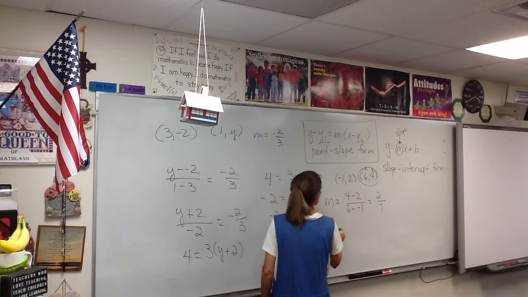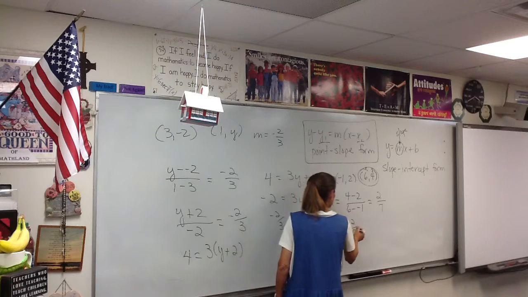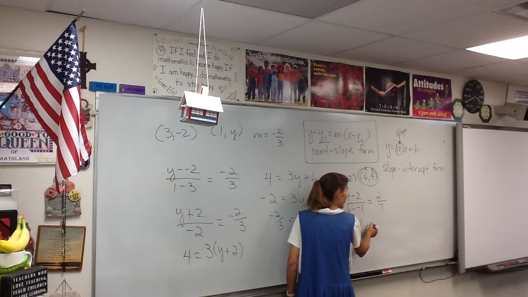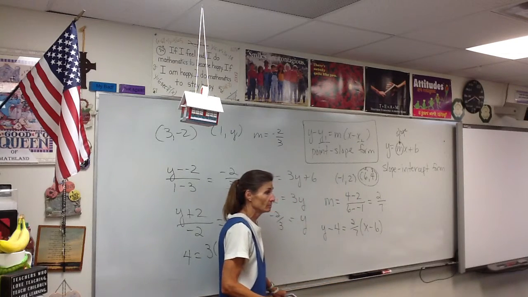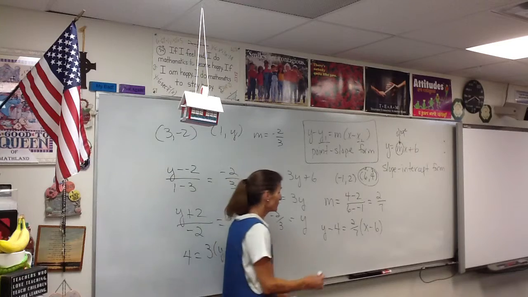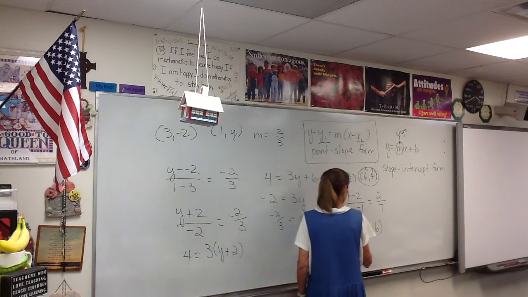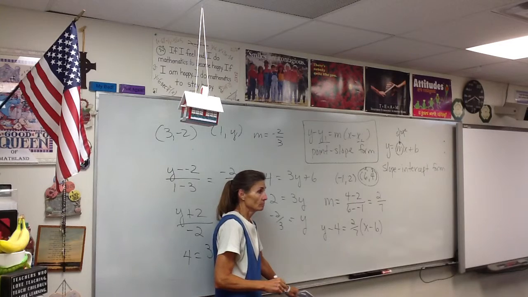Y minus what? 4, good, equals 2/7 x minus 6. Y minus the y coordinate equals the slope times x minus the x coordinate. Everybody okay with that? All right, what do you do now?